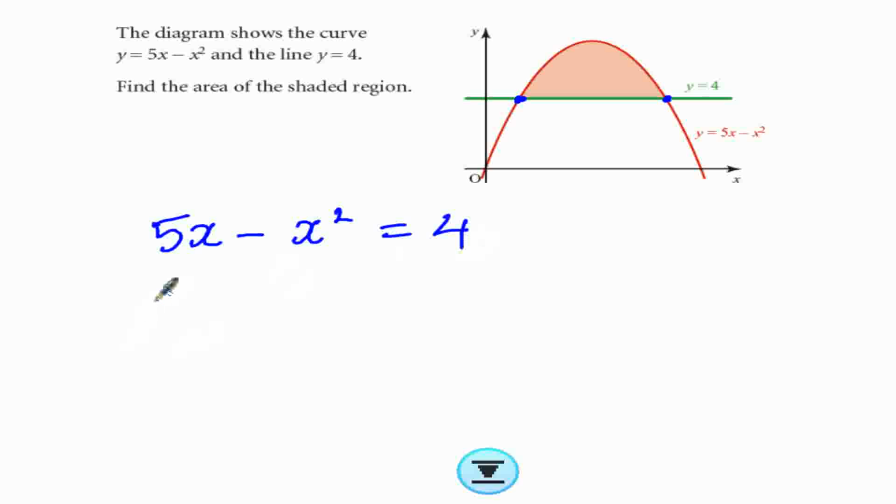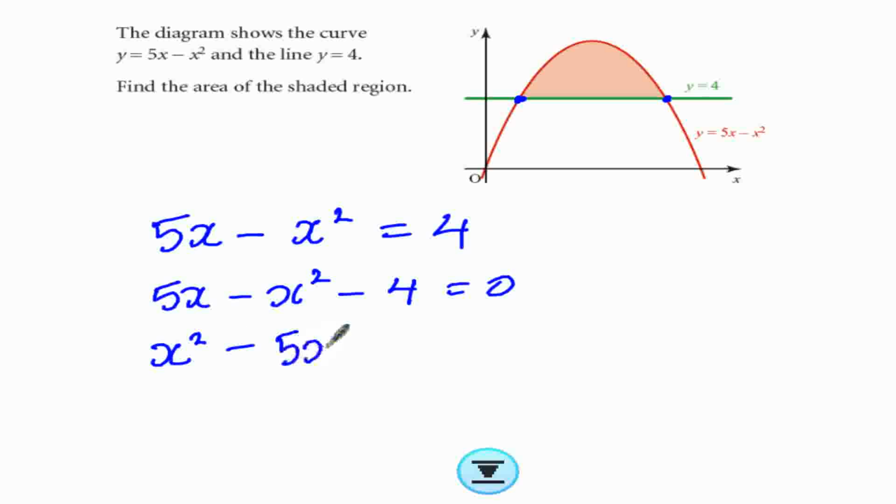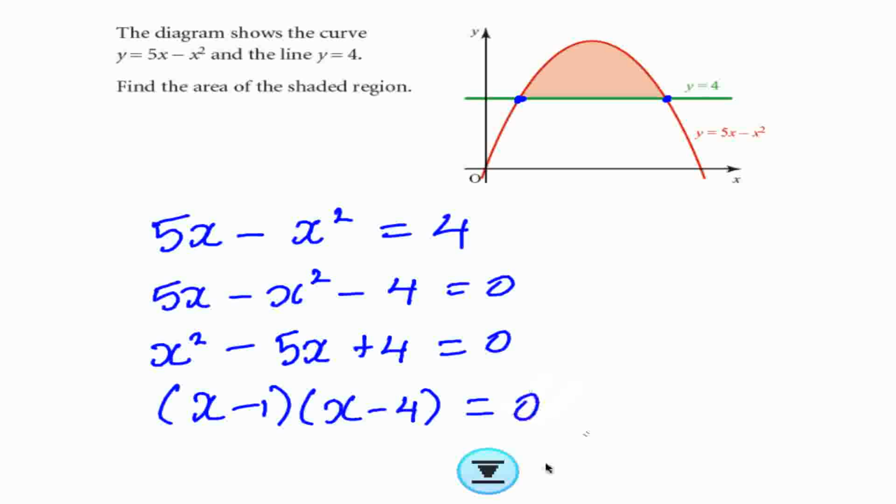When I bring the 4 to that side, it will be 5x minus x squared minus 4 is equal to 0. Writing it in a simpler form, by multiplying through by negative 1, it will give us x squared minus 5x plus 4 equals 0. This can be factorized with factors of negative 1 and negative 4, and it will give us (x minus 1)(x minus 4) equals 0.